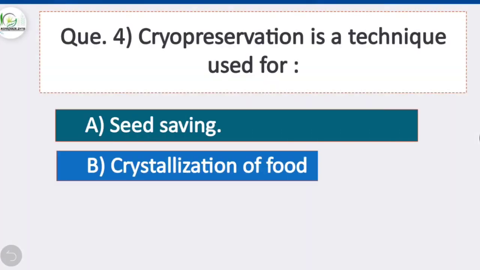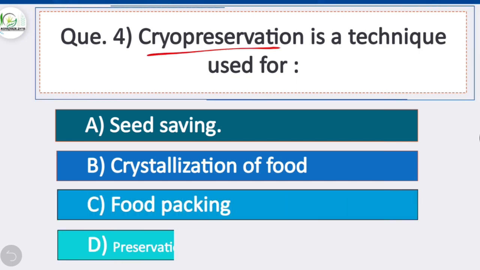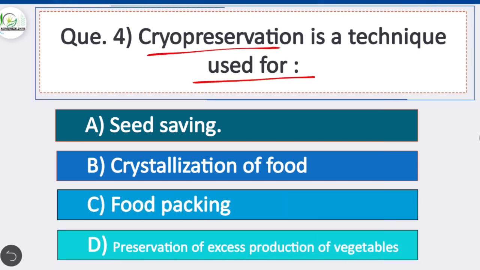Next question, question number 4. Cryopreservation is a technique which is used for: option A is correct, seed saving.